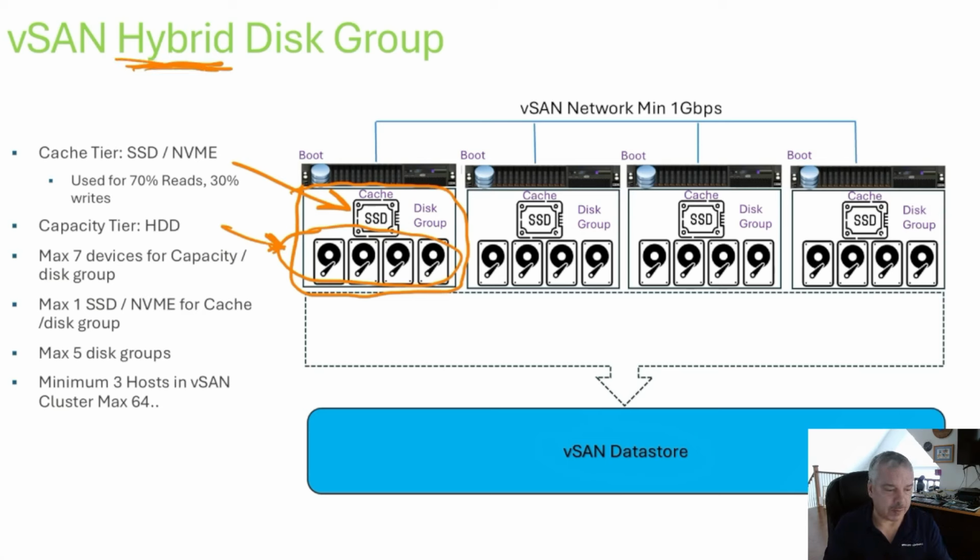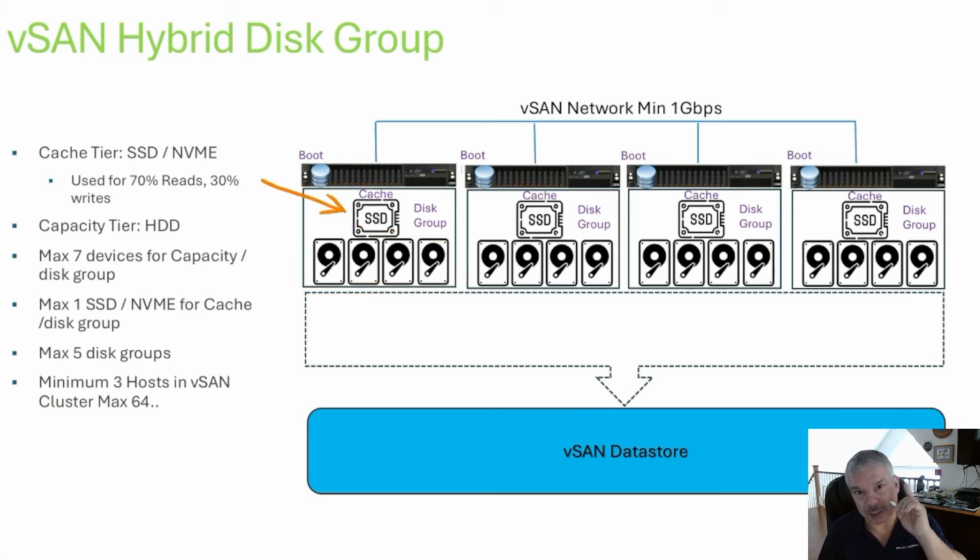This is why they call it a hybrid. Now, when we create a disk group, it needs a cache disk, so at least 1 solid state disk. Then, since we're talking about hybrid, you can have up to 7 mechanical drives in a disk group. We can have up to 5 disk groups per server.